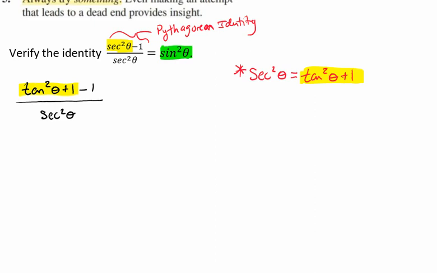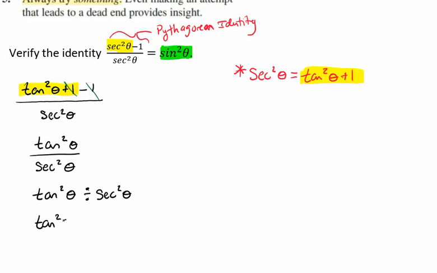Now, from this situation, the ones are going to cancel out. Those will go away, and that will leave us with the tangent squared of theta over the secant squared of theta. From here, we can rewrite this as the tangent squared of theta divided by the secant squared of theta, which allows us to keep, change, and flip.